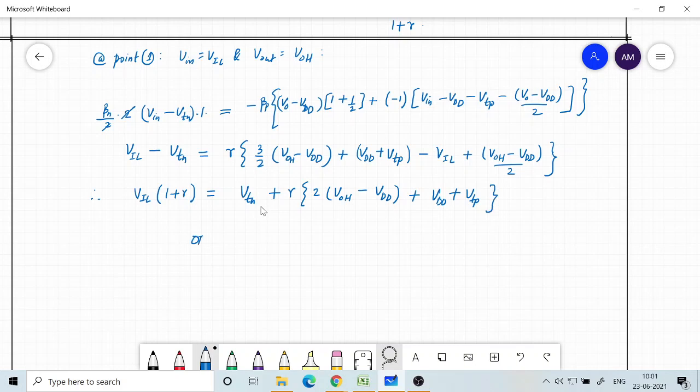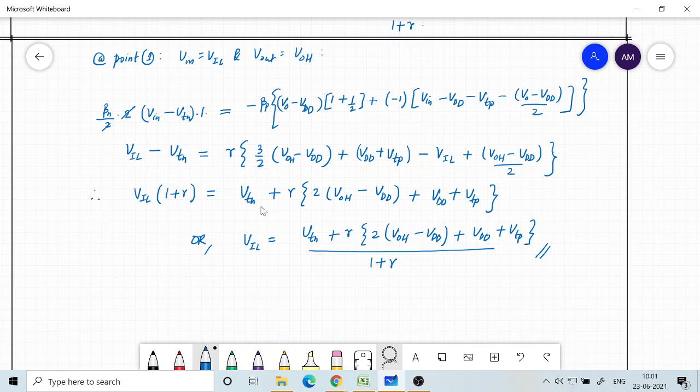Or we can write VIL as VTN plus R into 2 VOH minus VDD plus VDD plus VTP, the whole divided by 1 plus R. So that is say equation 1.